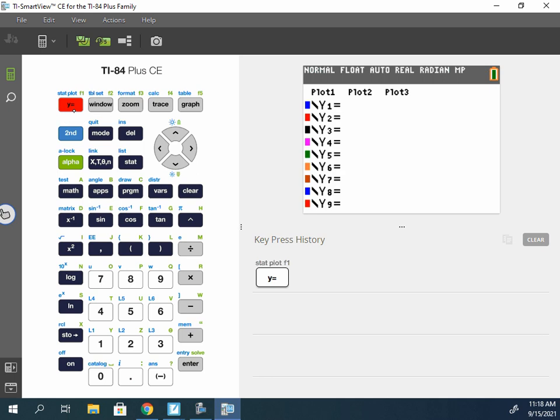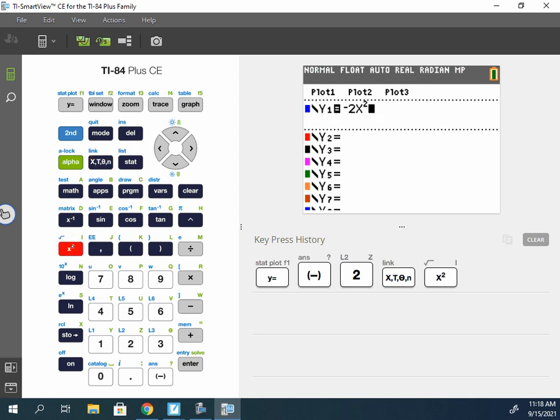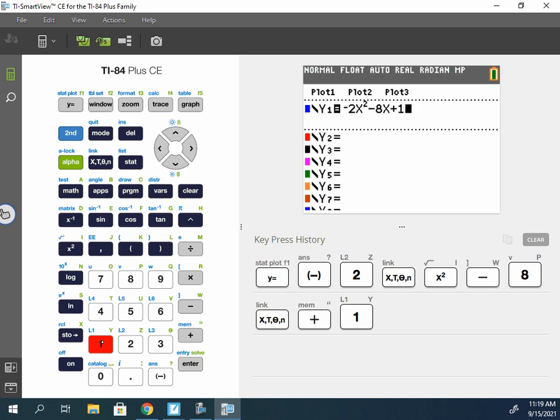Hit y equals and type that last one in. Our negative 2x squared minus 8x plus 1.